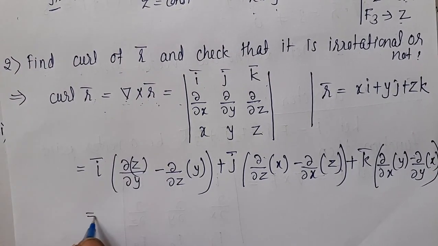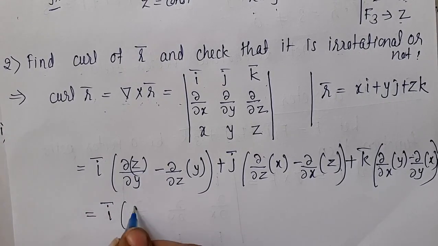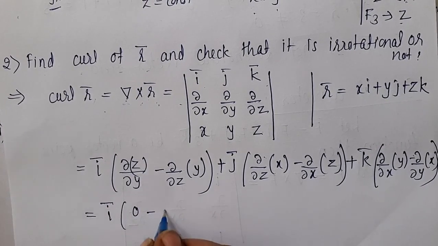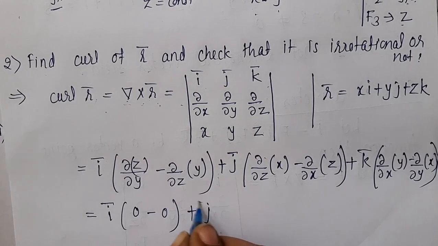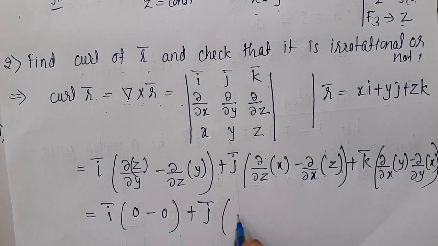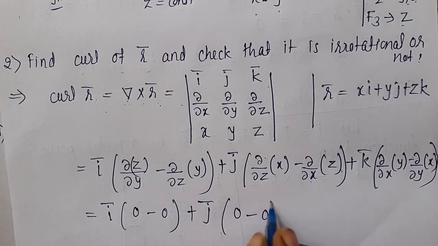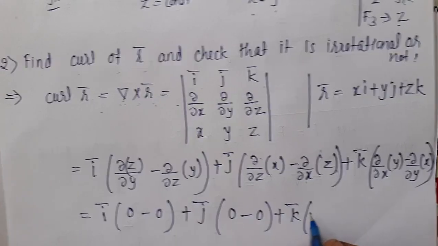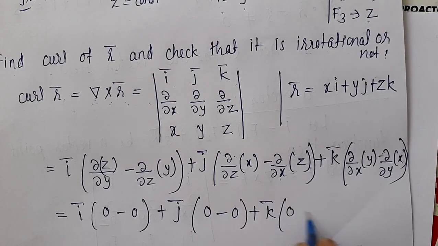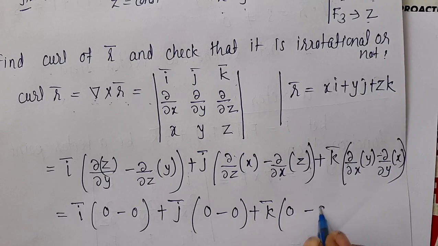So this can be written as i times del by del y of z, which is 0, minus del by del z of y, which is 0, plus j times del by del z of x, which is 0, minus del by del x of z, which is 0, plus k times del by del x of y, which is 0, and del by del y of x, which is 0.